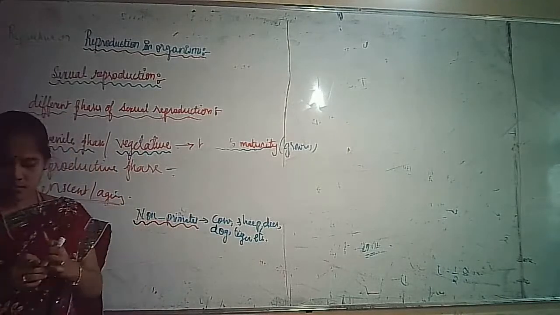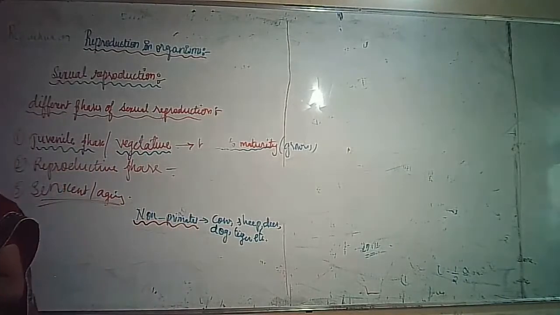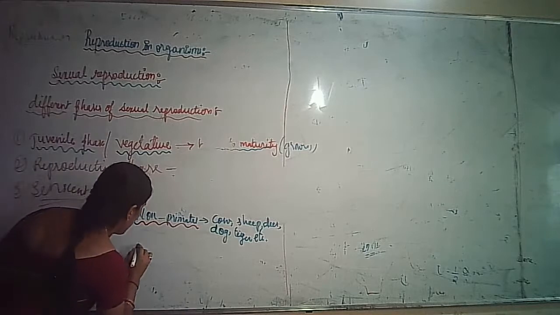Then primates. In animals we are classifying, isn't it? Among primates we can say monkeys, apes, and humans.